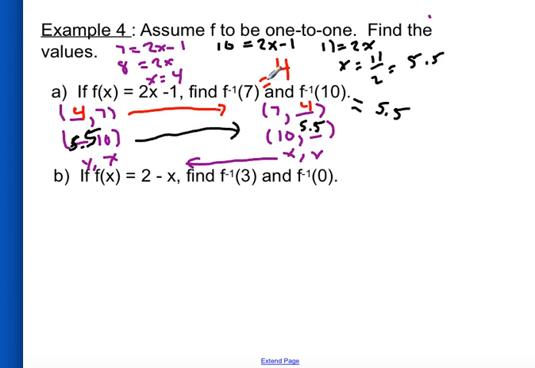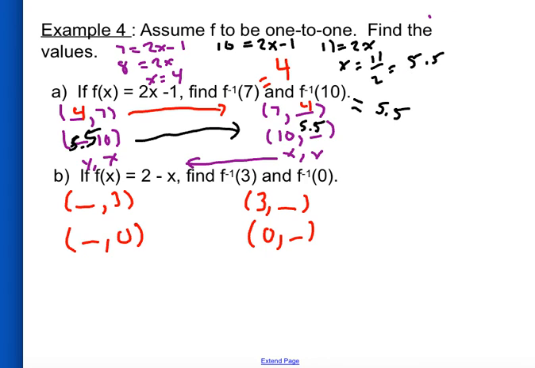All right, so now let's come down here and let's do it again. Let's do some more practice on this. So again, we have 3 comma something, which means over here we're going to swap them, becomes something comma 3 in the original function. In the inverse we have 0 comma something, so then in the original one it's something comma 0.